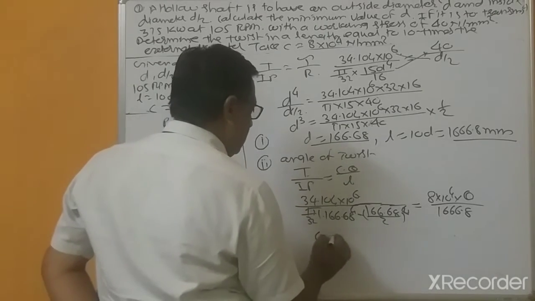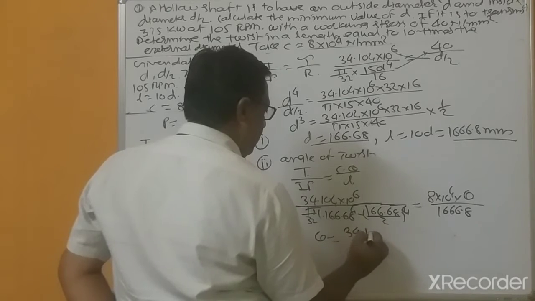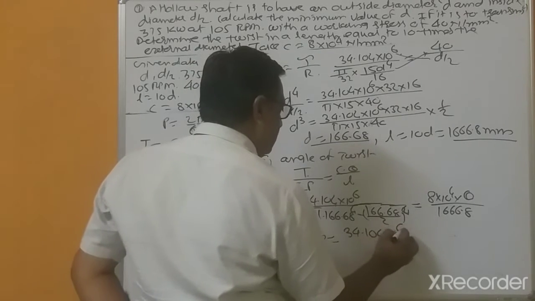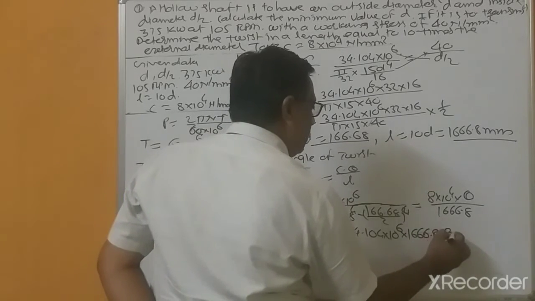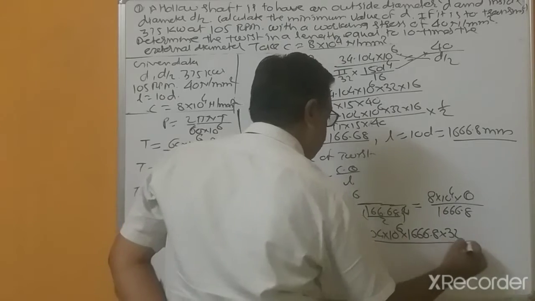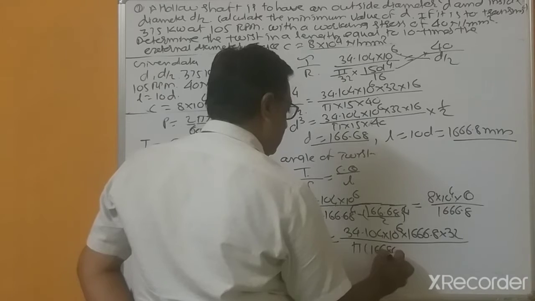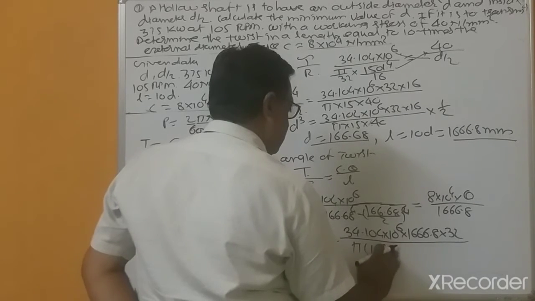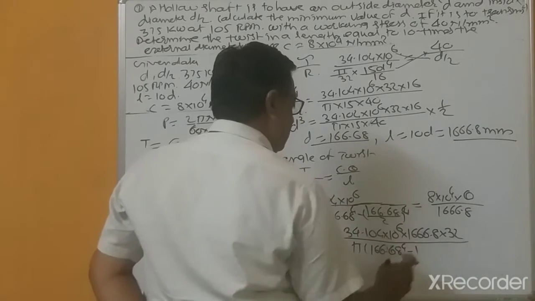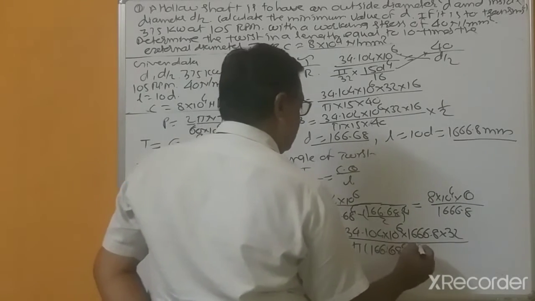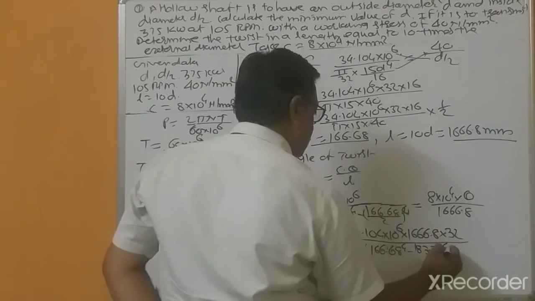so theta equal to 34.104 into 10 to the power 6 multiplied by 32 divided by pi, and this is 83.34 raised to 4.